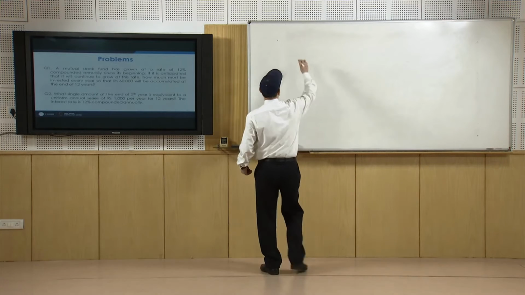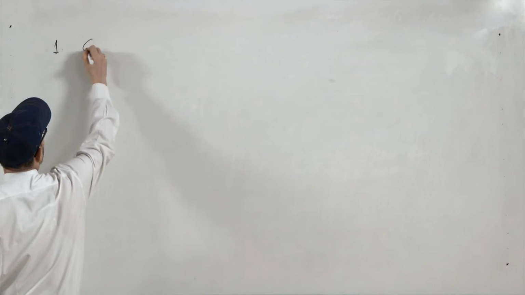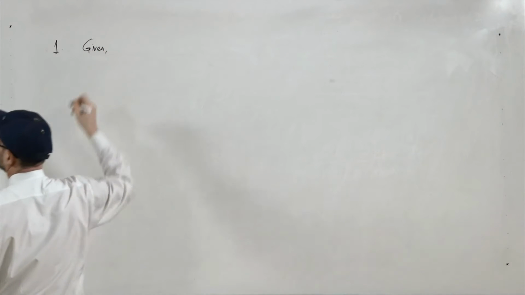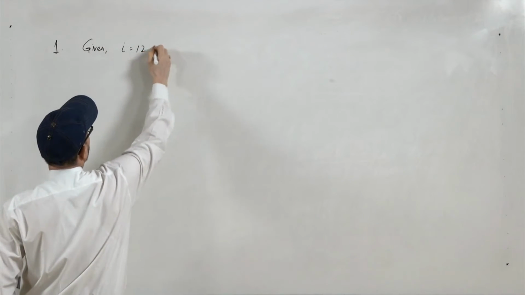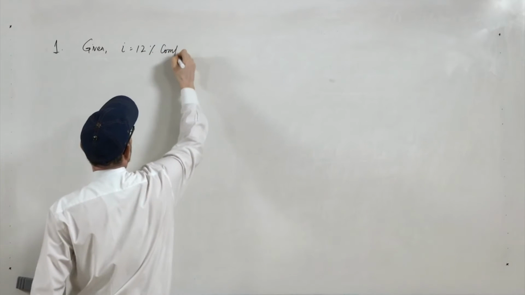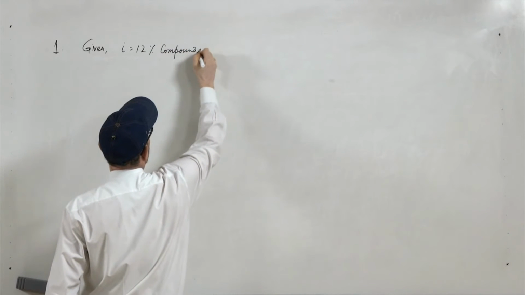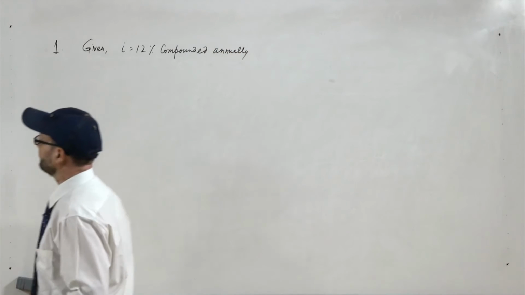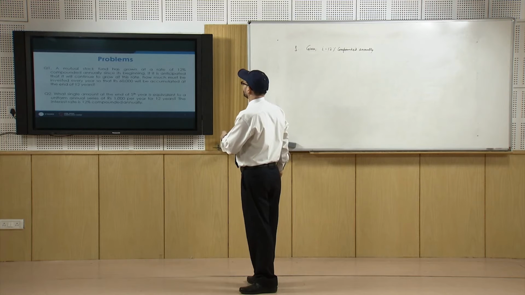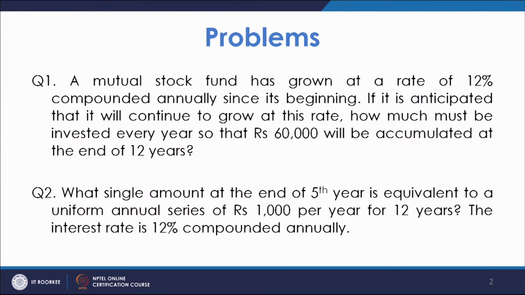What is given, we will write first. We have been given i is 12% compounded annually. Then it is said that rupees 60,000 will be accumulated at the end of 12 years.